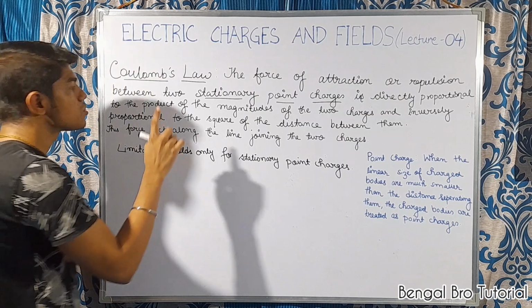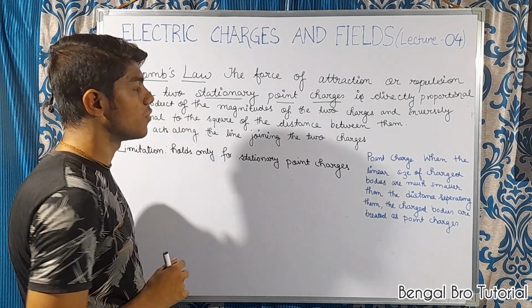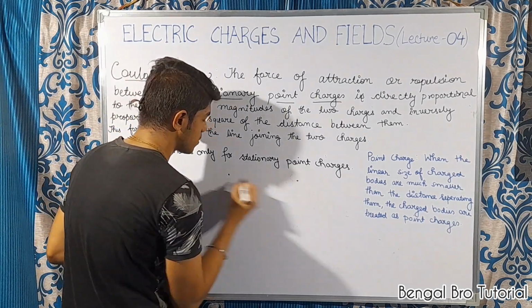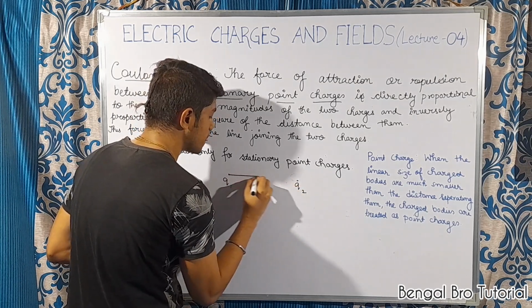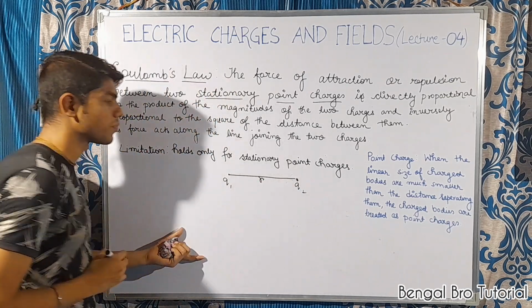Now the force is directly proportional to the product of the magnitudes of the two charges. Let us assume two point charges Q1 and Q2 separated by a distance equal to r.